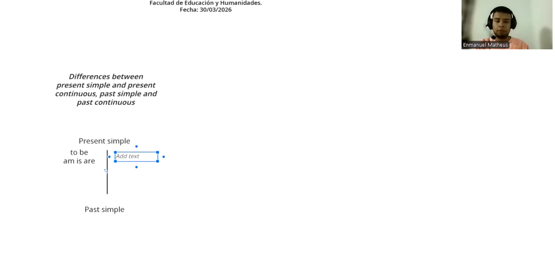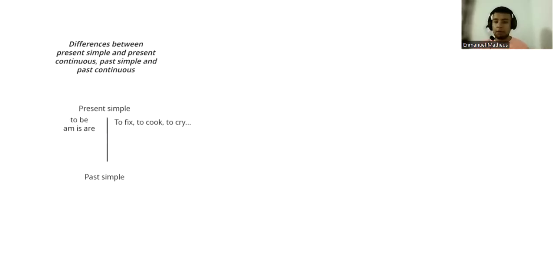Present simple. The first difference between present simple and past simple: we use present for those actions we need to take care of right away, or we are living the moment, we are living the present.